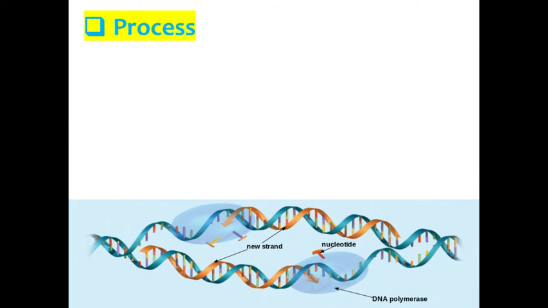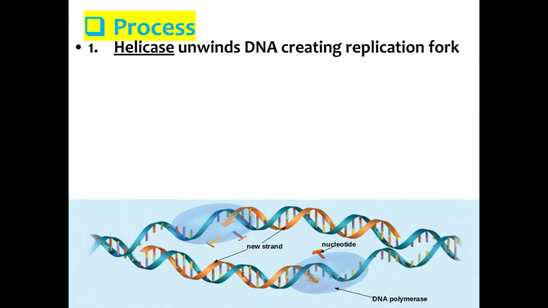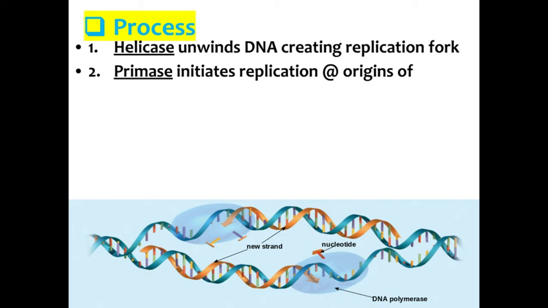Now, as far as the process, here's where we're going to talk more about the enzymes in a little bit more detail. So these are the boxes that are on the left, the larger boxes, not the lined ones. So step 1, helicase is going to unwind DNA, creating a replication fork. Primase is going to initiate replication at the origins of replication.